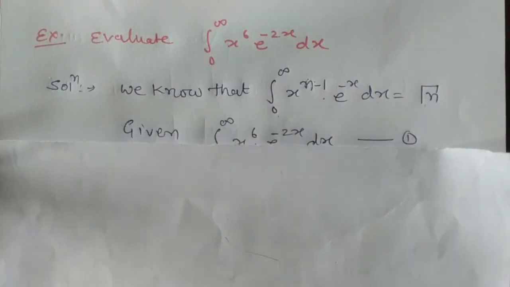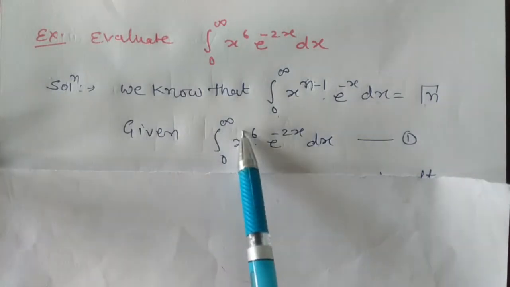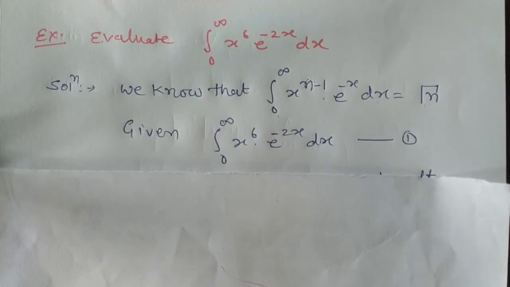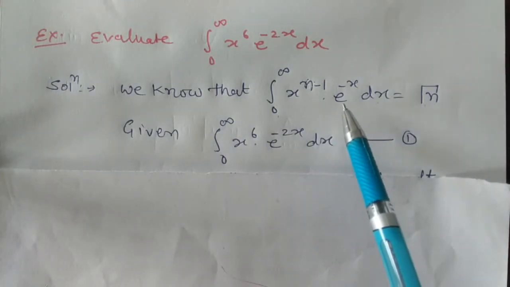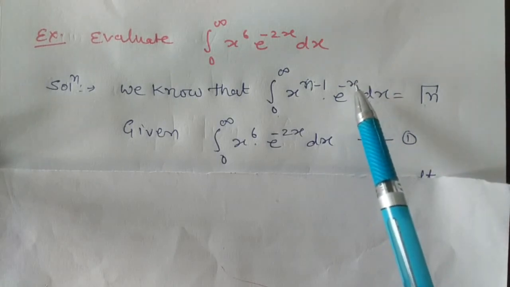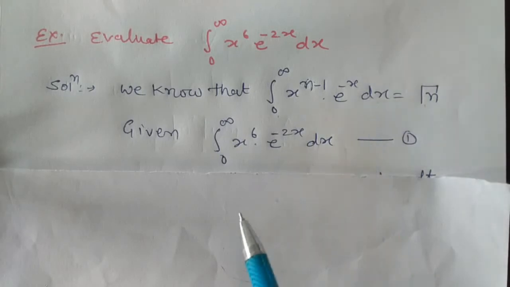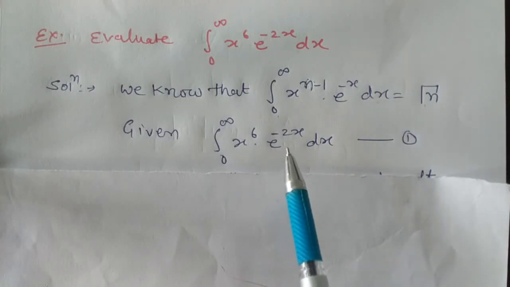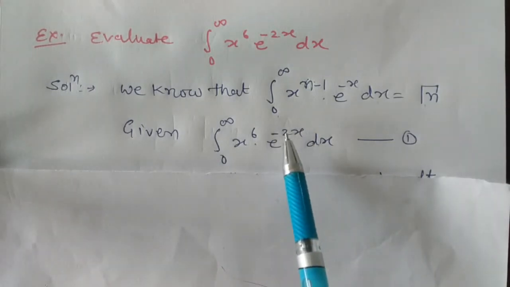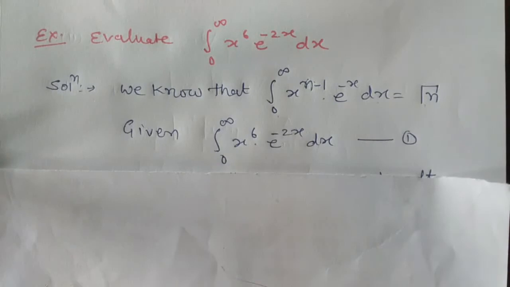And the given integral is 0 to infinity x power 6 into e raised to minus 2x dx. From the definition, the power of the exponential term contains the variable multiplied by negative 1 only. And here in the given integral, the power of the exponential term contains the variable coefficient minus 2.